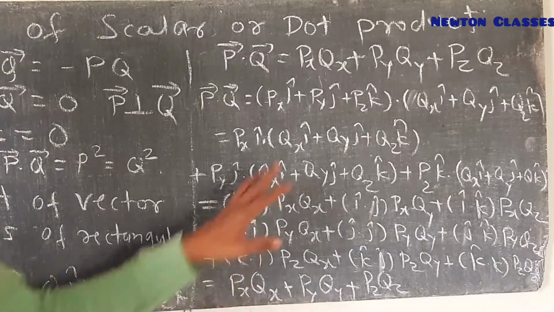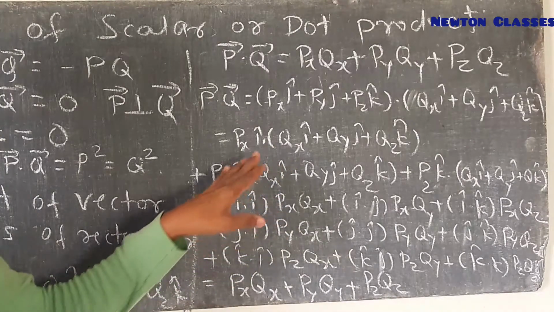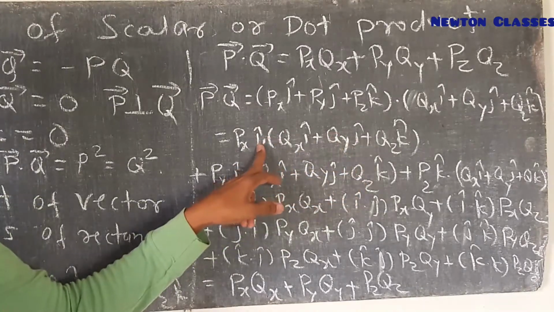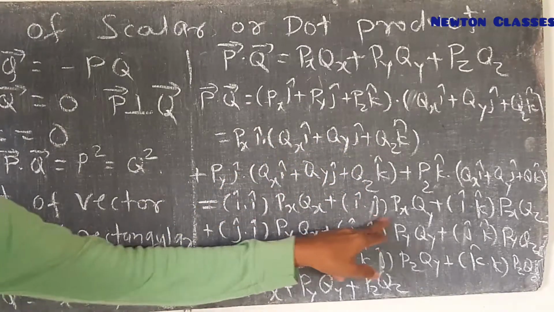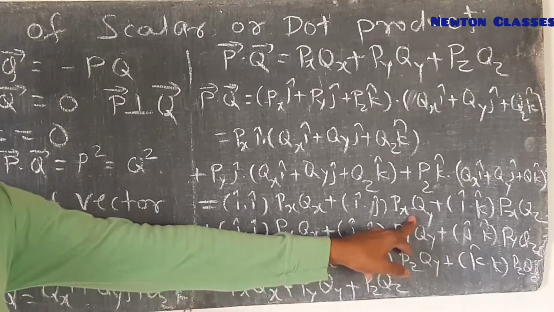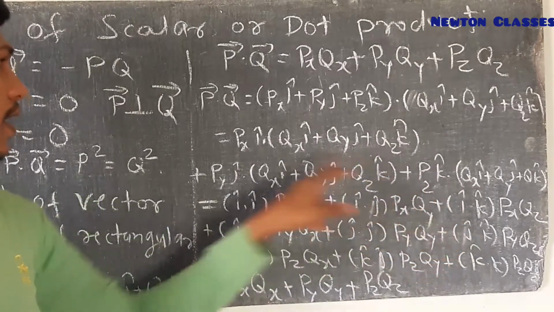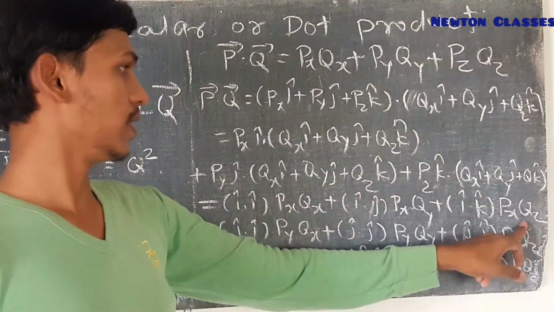Similarly, we will write all the terms in the second term. Here px i cap and qy j cap, so we will simply write i dot j, and their components written outside the bracket. Similarly, here i dot k and px into qz.